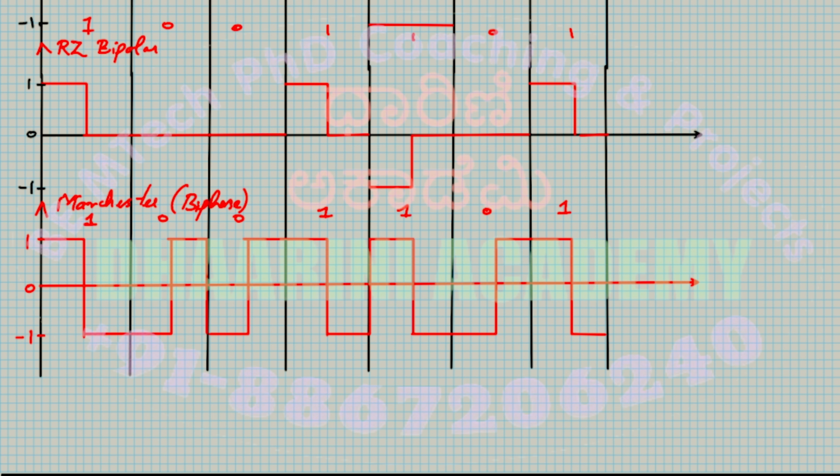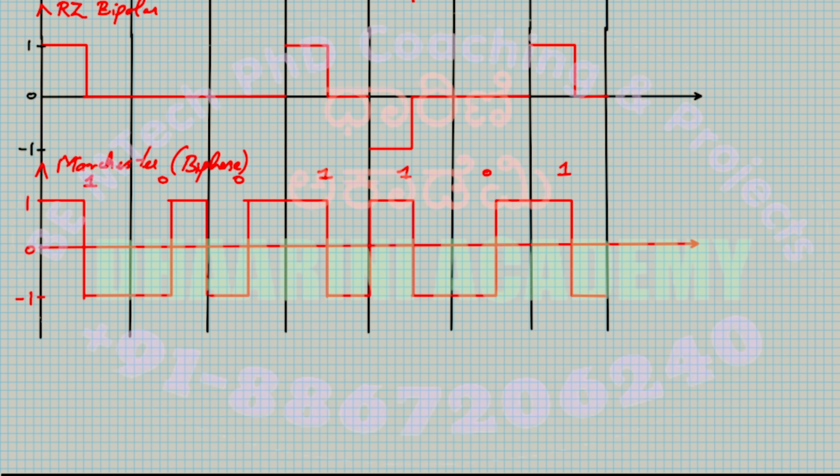Then there is another technique that is represented as Manchester, or biphase. There are two phases, right? 1 will have one phase, 0 will have the other phase. So phase could be defined in this sense. When we represent 1, for half the bit duration it is 1, and for the remaining duration it is minus 1. That you consider as one phase.